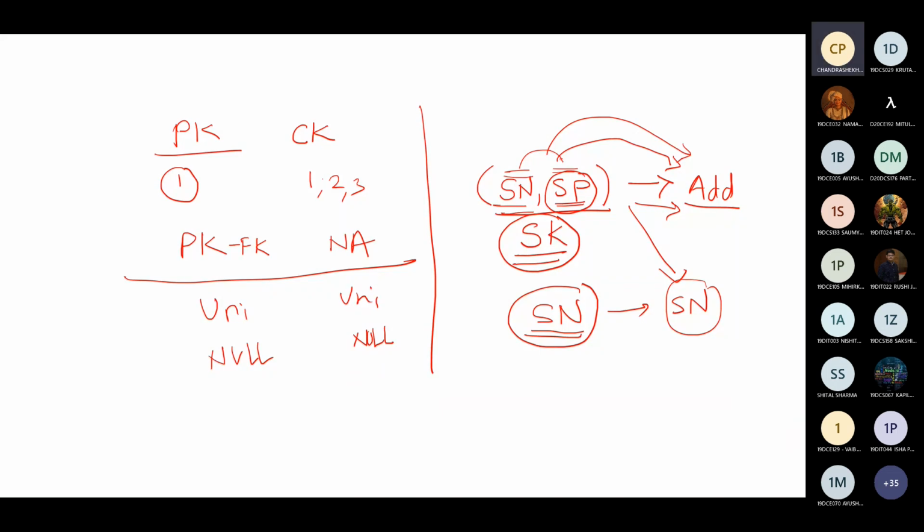It is a super key with no repeated data, so it is called a candidate key. It is a minimal set of attributes which identifies unique records. It contains unique values and does not contain null values.